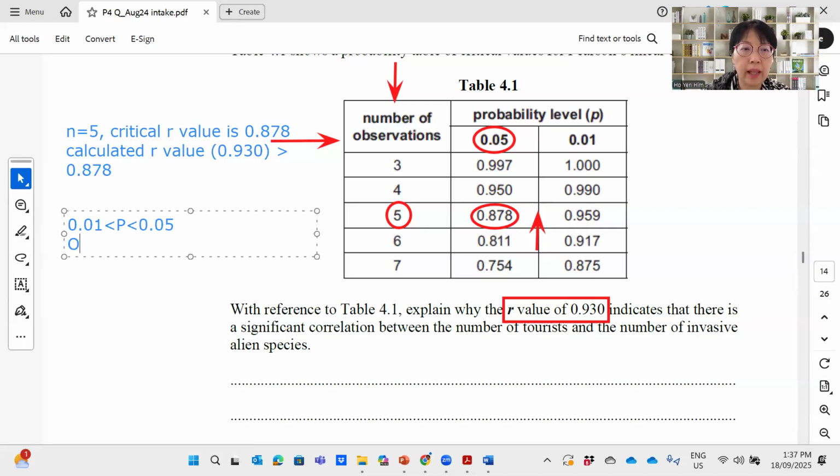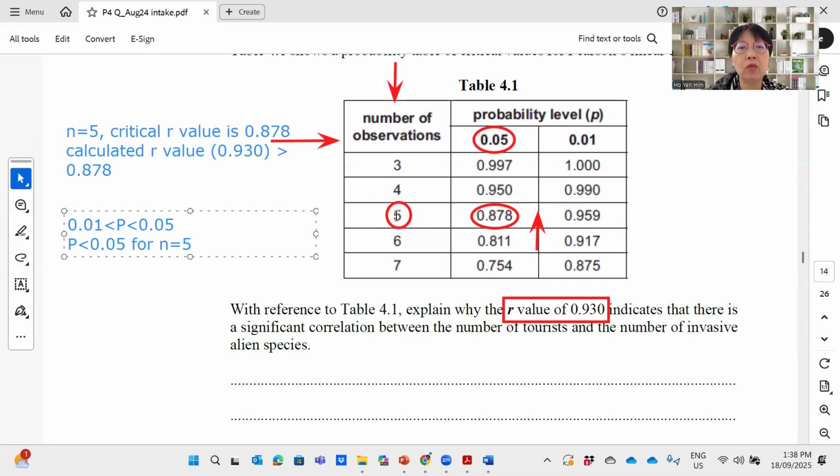Therefore, probability is less than 0.05. Okay? For n equals to 5. So that will give you 2 marks.